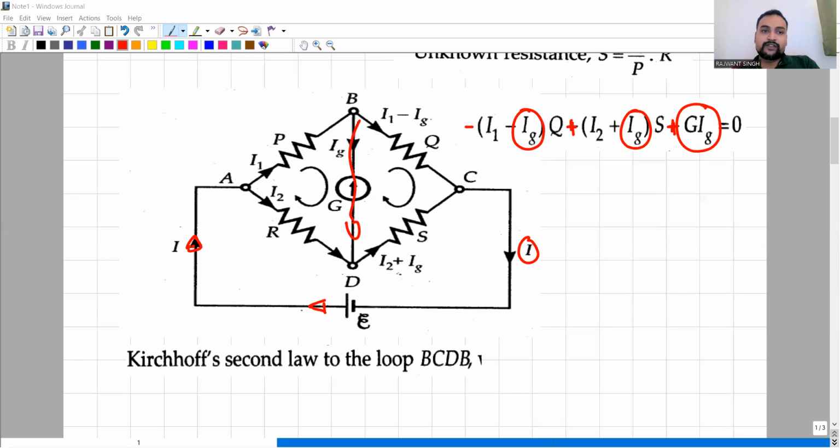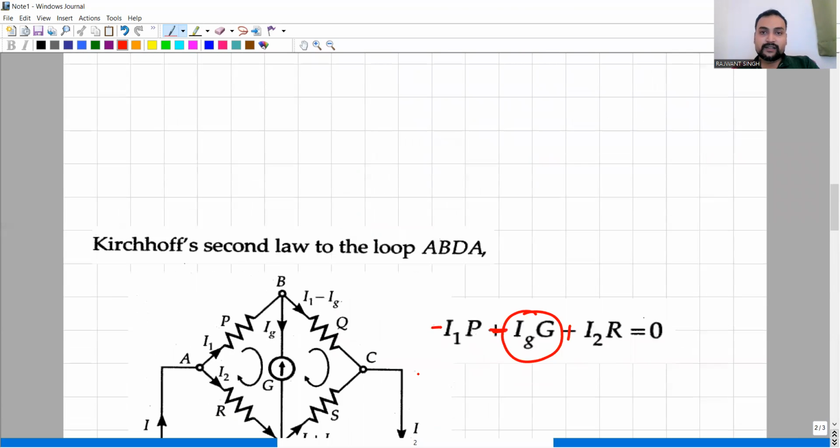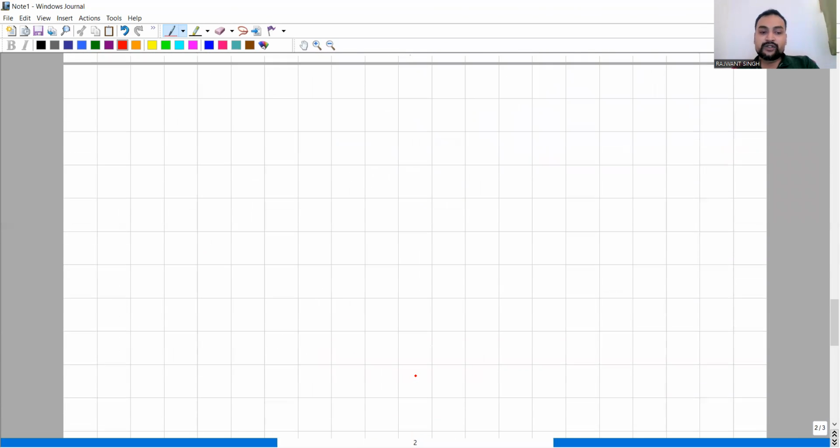Now, the Wheatstone bridge is a very useful setup in the experimental lab condition also. In the lab, this Wheatstone setup is done on the meter bridge. I hope you remember what a meter bridge is. We discussed it when we did the potentiometer.